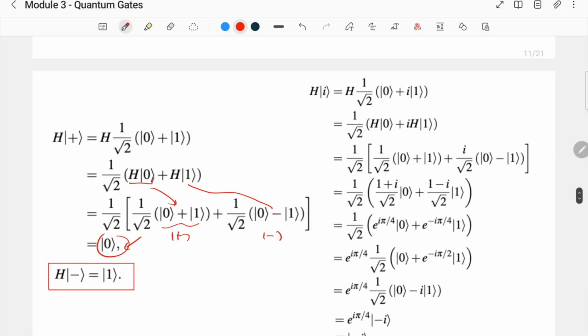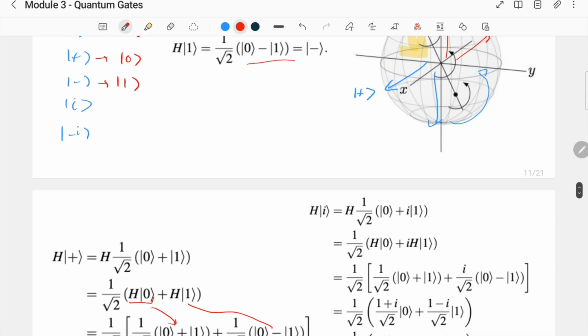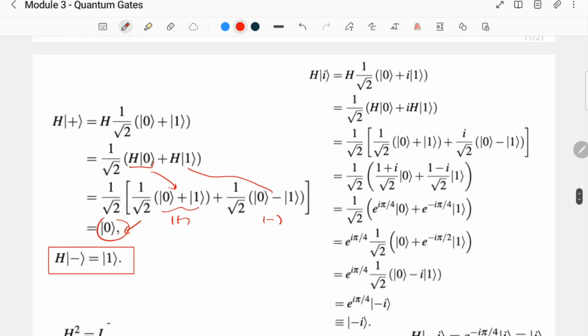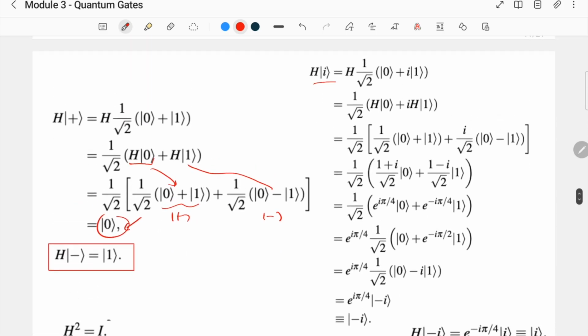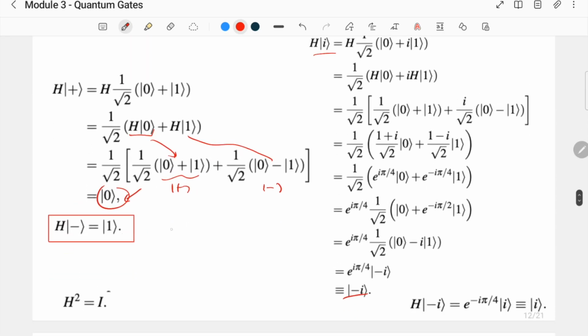What about iota? So iota transforms to minus iota, and the state minus iota transforms to iota, the proof of which is given here. This and this you will do as exercises. This will be shown in the exercise, yes.